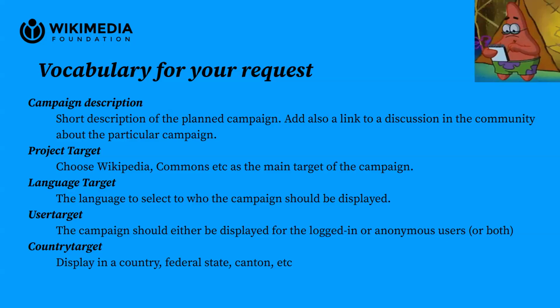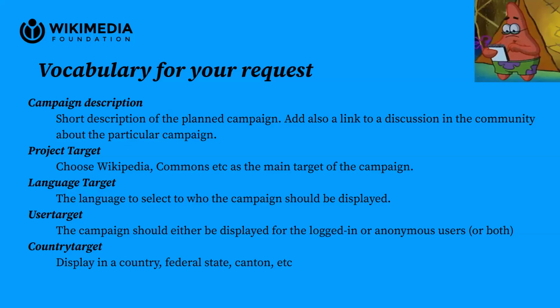And the languages, it's the same. We have the ISO languages to select from, and I think it's over 400 languages that we can show in the banners already. And actually all MediaWiki languages are in there.